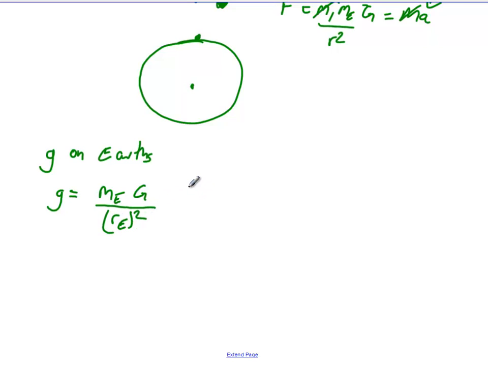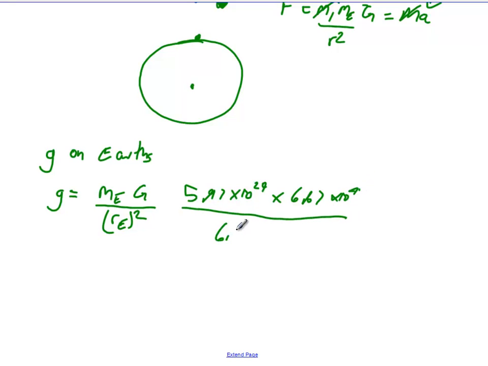Alright, so I have 5.97 times 10 to the 24th, times 6.67 times 10 to the negative 11th, divided by 6.38 times 10 to the 6th squared. And you can work it out. Now, why is that radius not 0 even though we're on Earth? It's because, again, it's measured from the center, not from the surface. Okay? So this equals about 9.8 meters per second squared, give or take a rounding error.